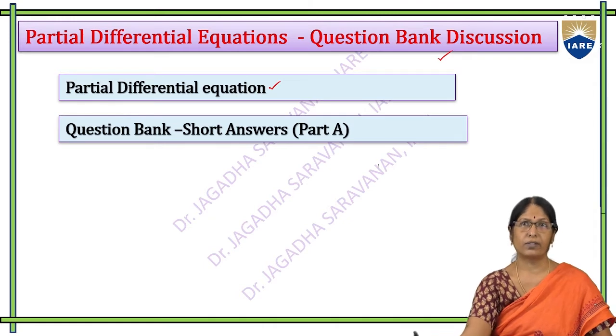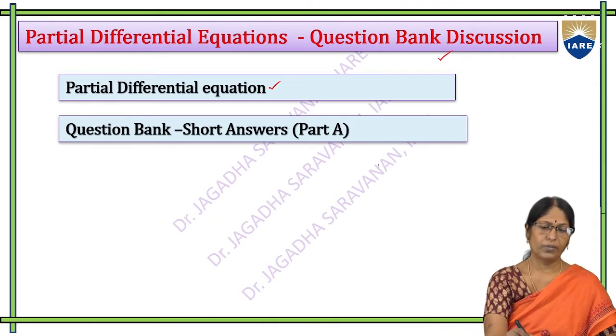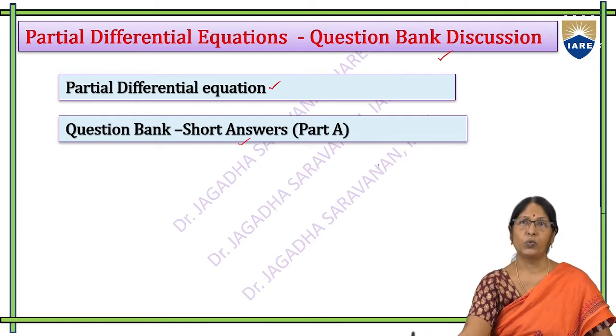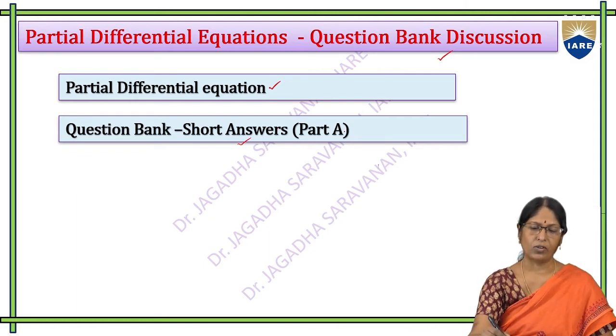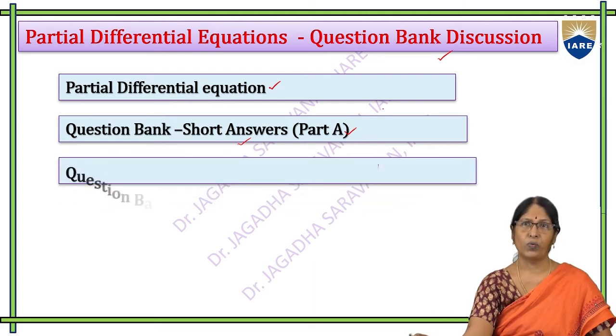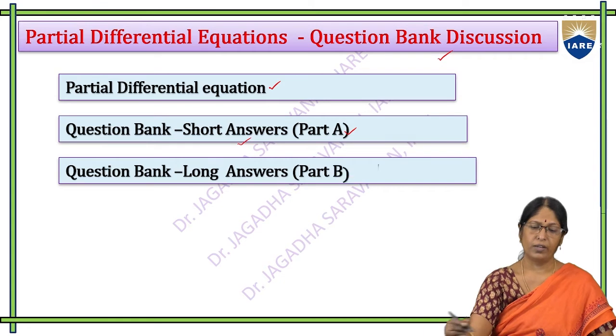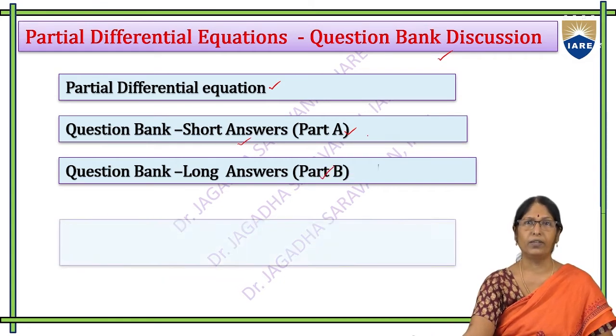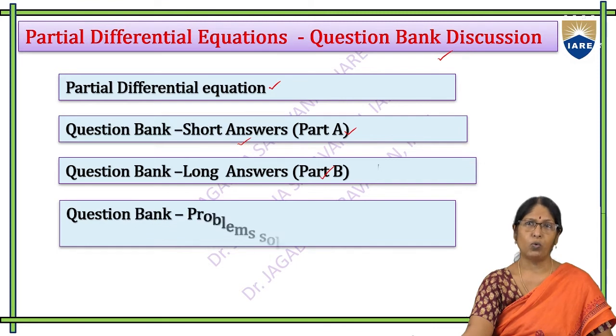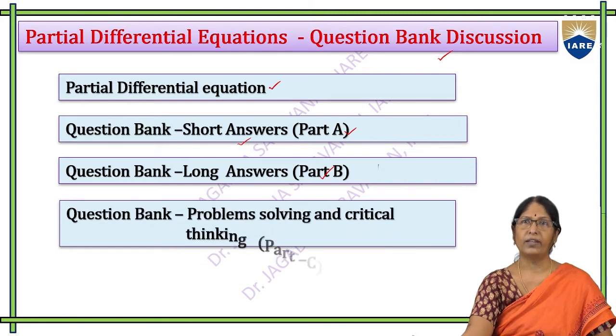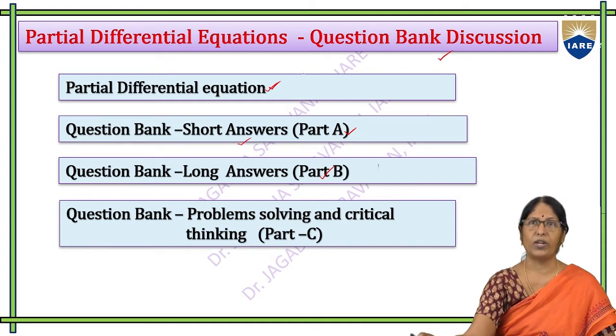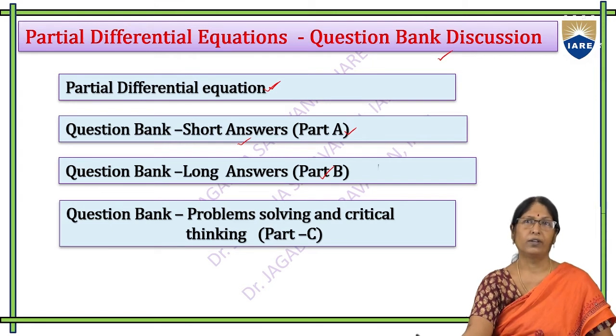The question bank system is as follows: the short answers, put together 20 questions, are under Part A, and the long answers, nearly 20 questions, are under Part B, and problem solving and critical thinking, nearly 10 questions, are under Part C. Put together, for partial differential equations in the subject Mathematical Transform Techniques, there are 50 questions divided into these three parts.